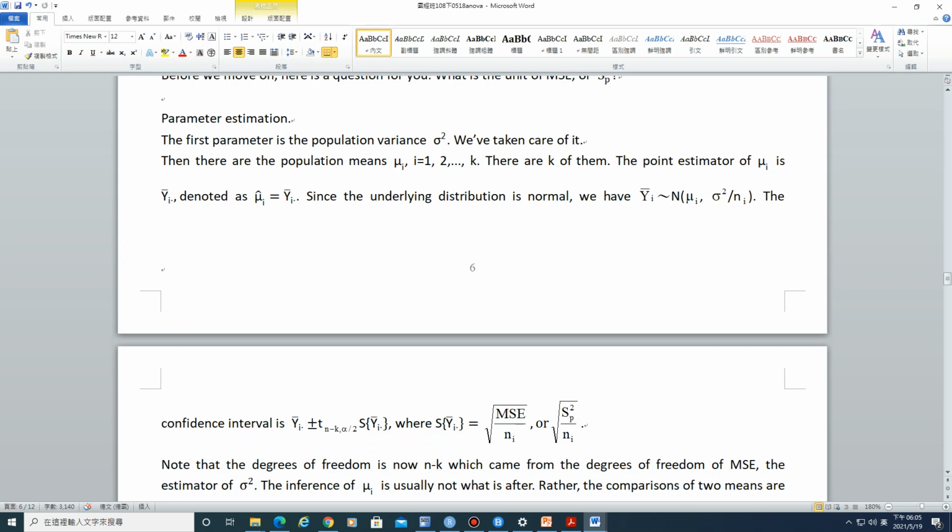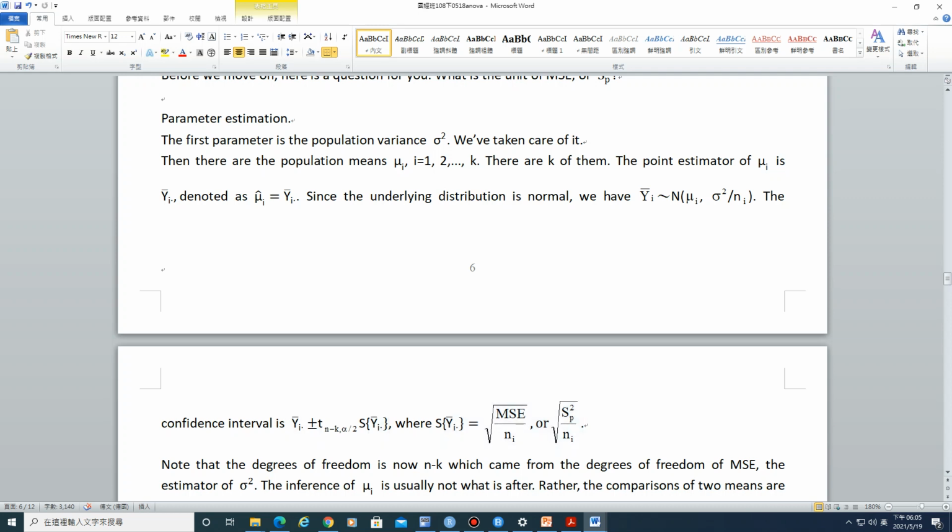But we do have a normal population, so a small sample size really doesn't hurt at all. We have this normal distribution and the confidence interval is like this.